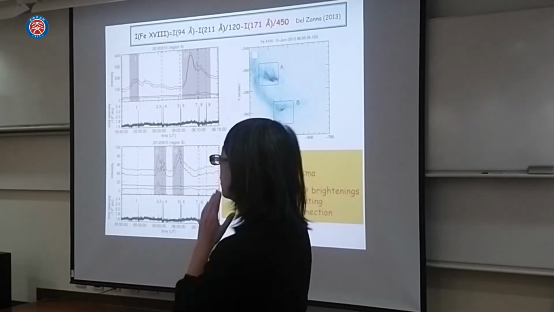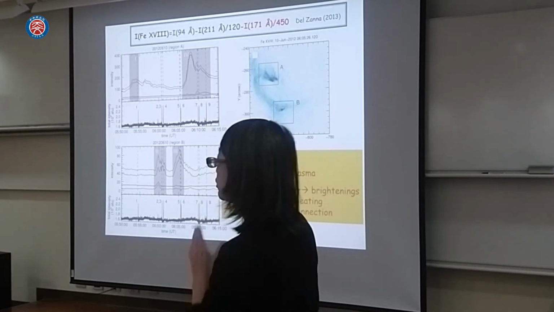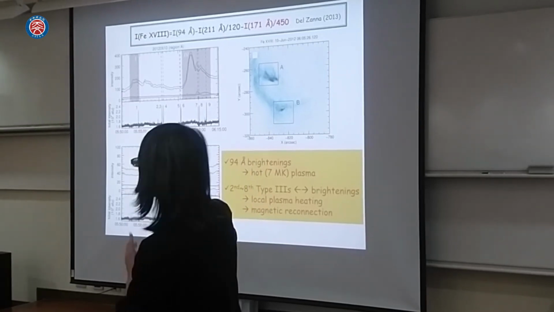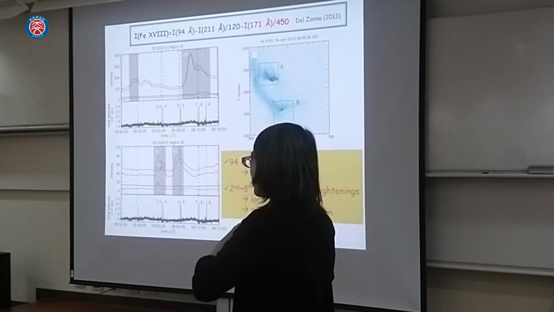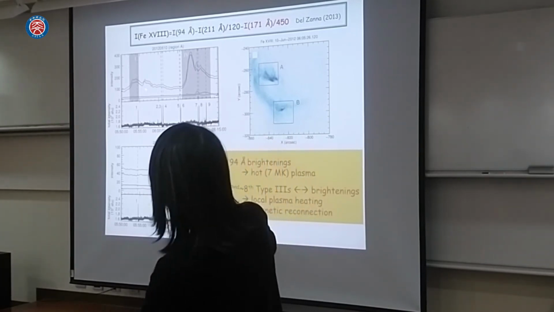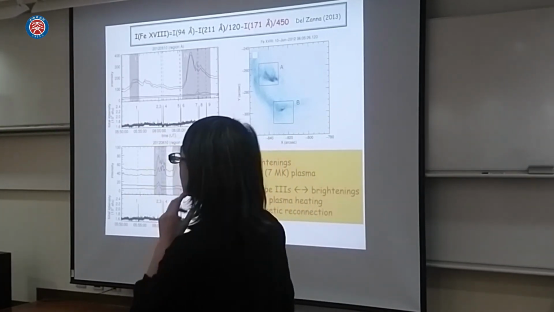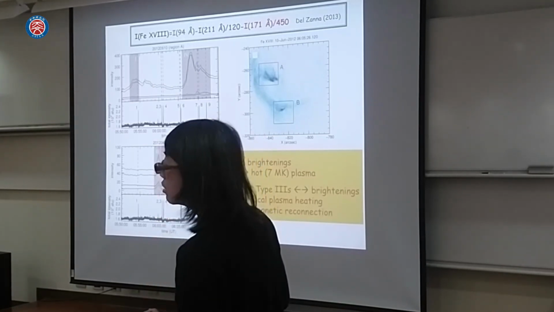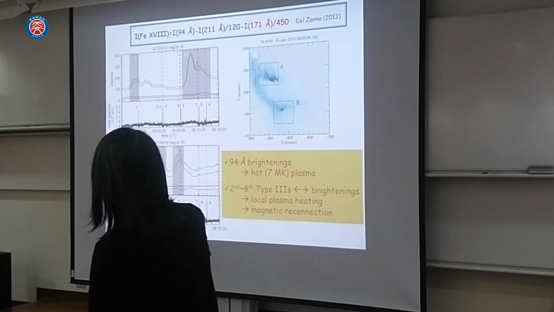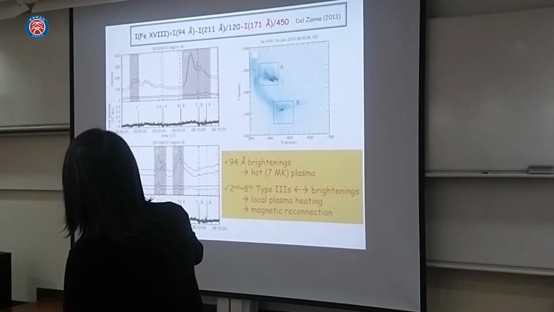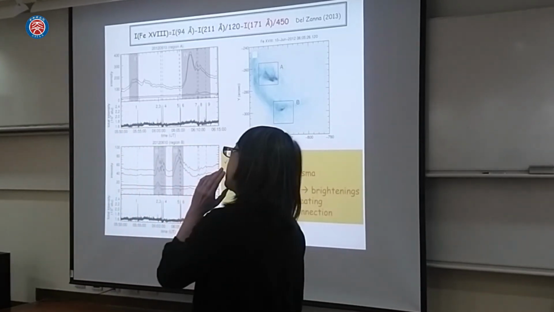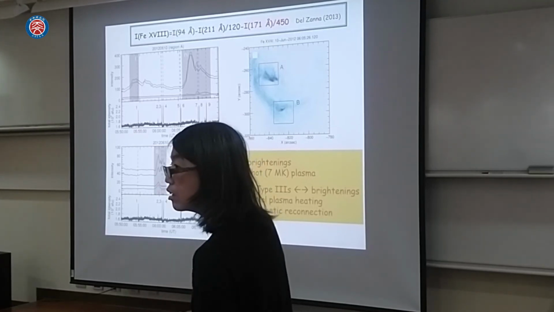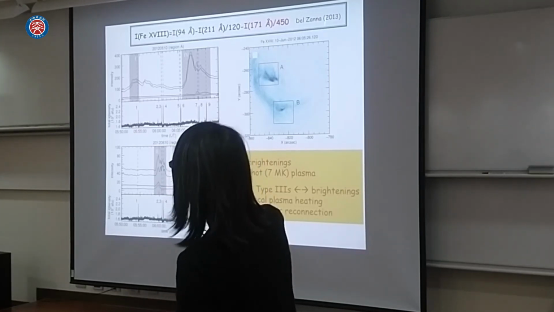The upper one is for region A, the bottom one is for region B, and here are the light curves. The green one is the measured light curve from the 94 angstrom image, and the red one is the intensity from the hot plasma, derived using this formula.